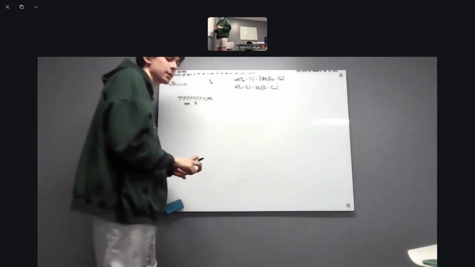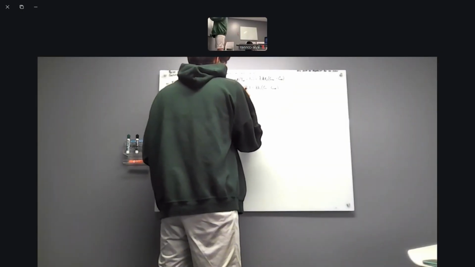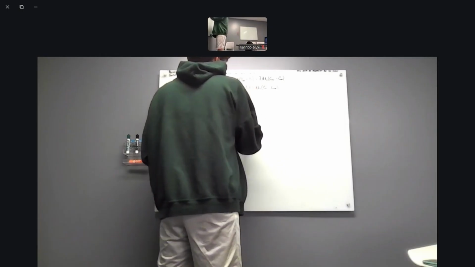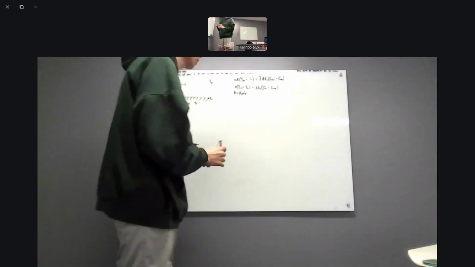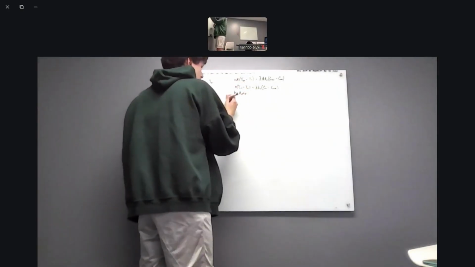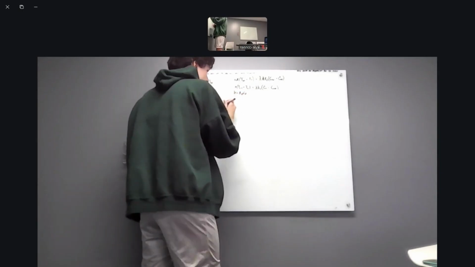So now what we can do next is we can recall our h equals k rho Cp, or our thermal conductivity times our density times our heat capacity. We can input that for our h value, our heat transfer coefficient.